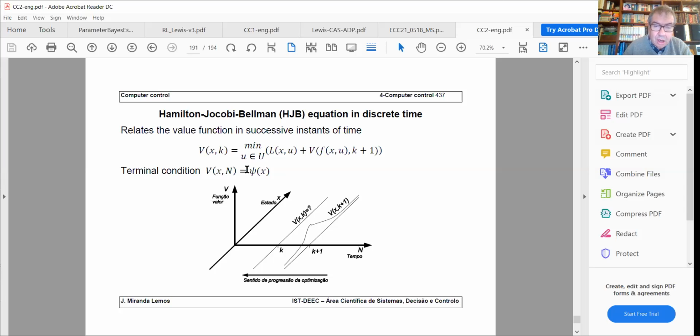And from V, by doing this minimization, finding the argument U that minimizes this quantity, you can find the optimal cost in this way. Okay, this is approximate dynamic programming, and it's a quite powerful method to design adaptive controllers for nonlinear systems, which are related directly to optimal control, because we are optimizing a reward.